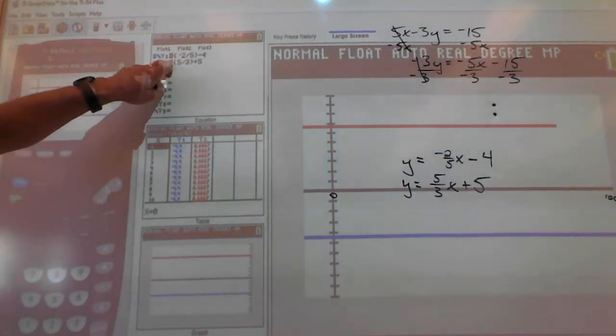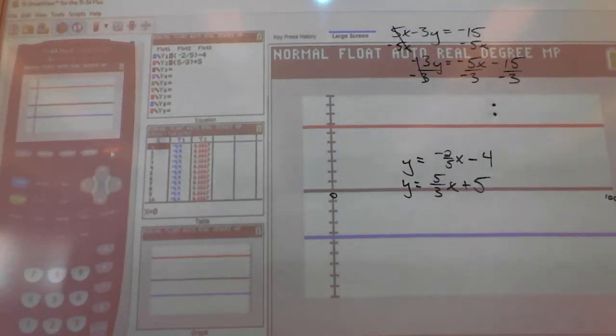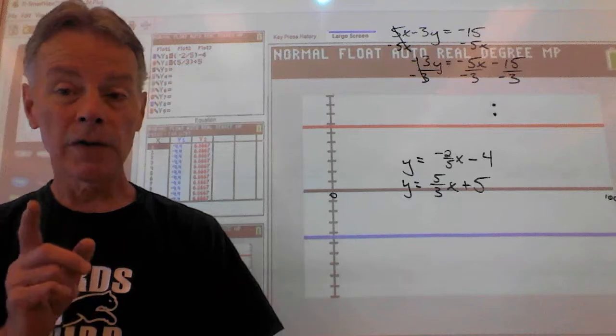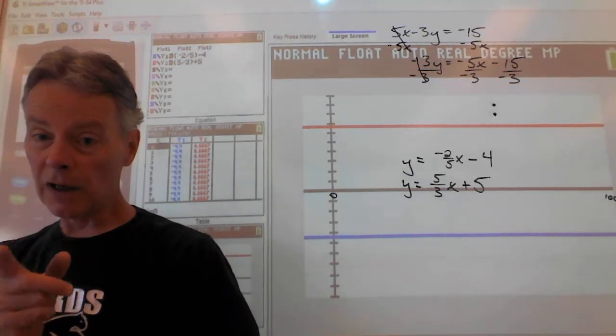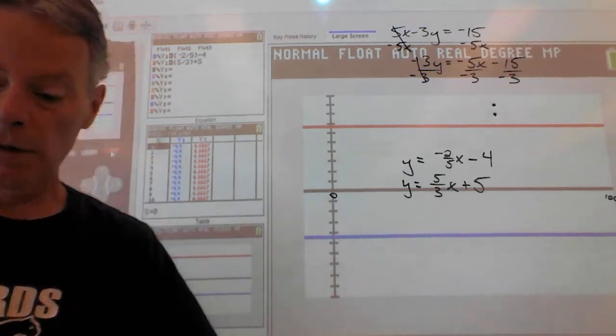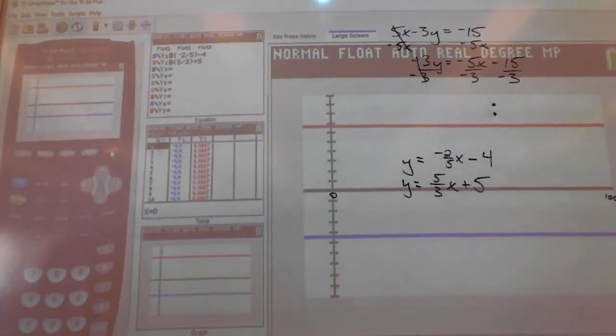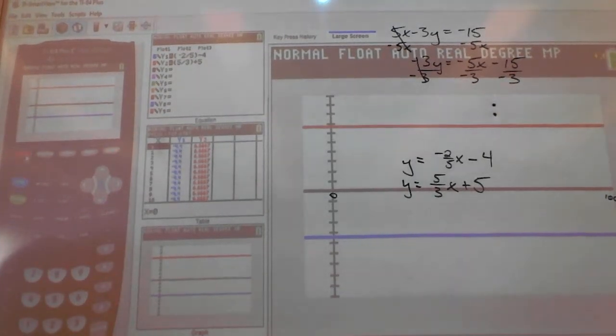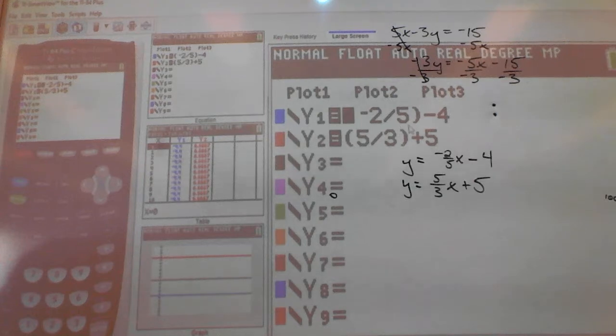Okay. Now, this is a really good lesson, because I messed up. And I just noticed, let's go back to our original equations. The mistake that I made, I forgot to enter in the variables.